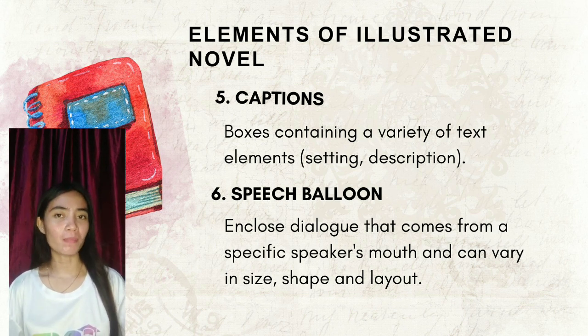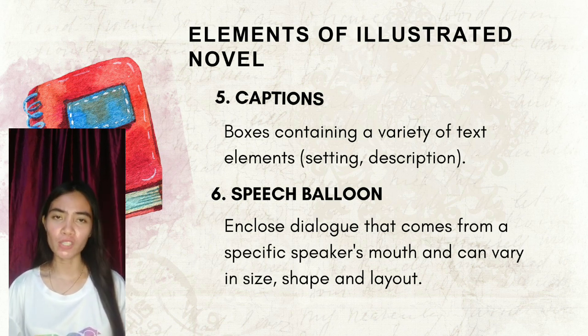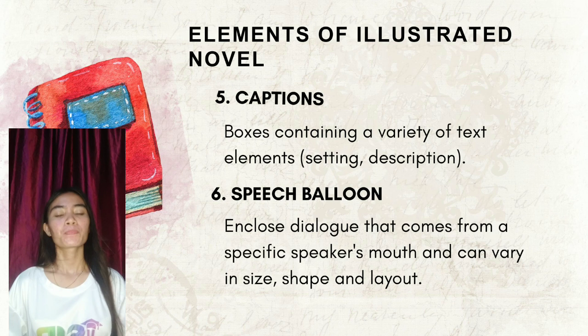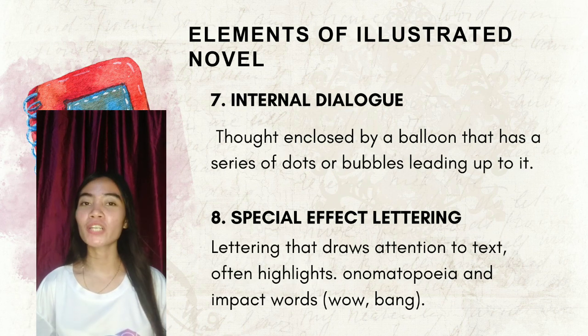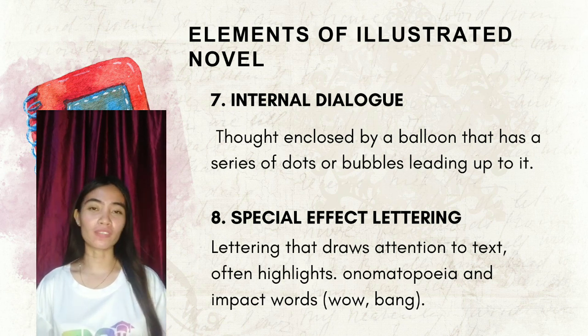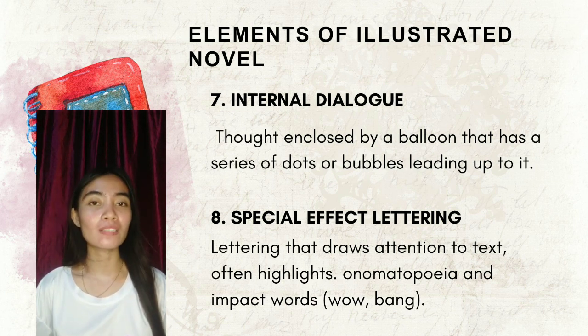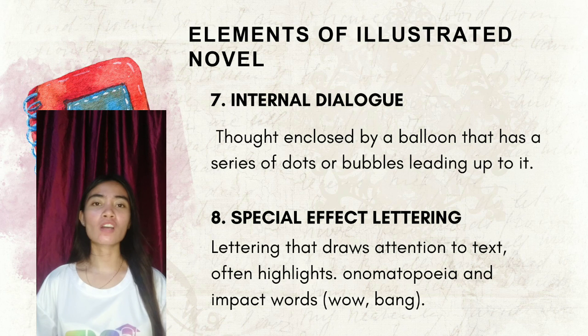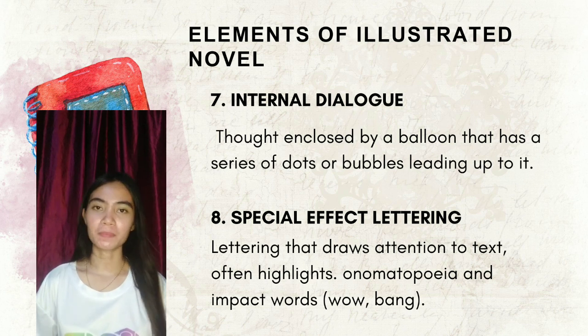A graphic element that encloses spoken dialogue. It can vary in size and shape depending on the character's mood or emphasis. Next is the internal dialogue. The thoughts of a character, usually shown in a balloon with a series of dots or bubbles leading to it, indicating it's coming from the character's mind.